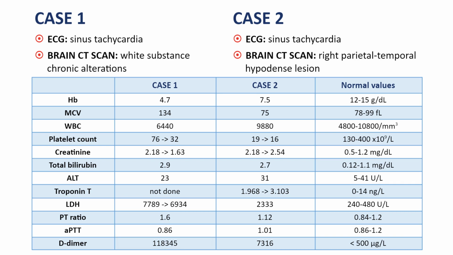In the second case, the brain scan shows a right parietal temporal hypodense lesion, again with a sinus tachycardia. Even this patient, this woman, is anemic, with 7.5 of hemoglobin, and the platelet count is lower compared to the first patient, about 16,000 to 19,000, and the creatinine level more than 2, with increased levels of LDH and D-dimers.